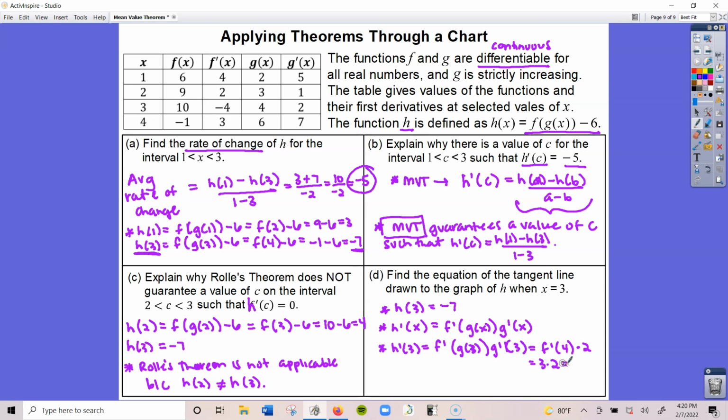And 3 times 2 is 6. So I have my slope, I have my point. So the equation is going to be y plus 7 is equal to 6 times x minus 3. And that's mean value theorem and Rolle's theorem.